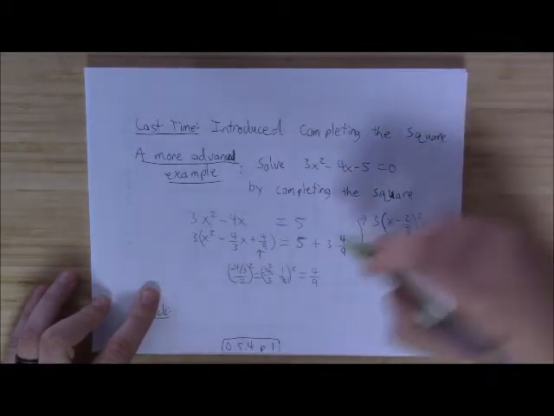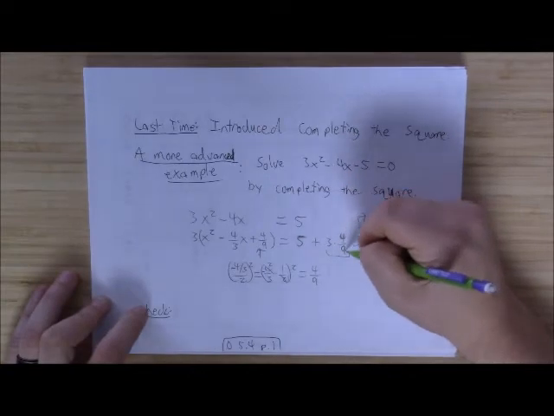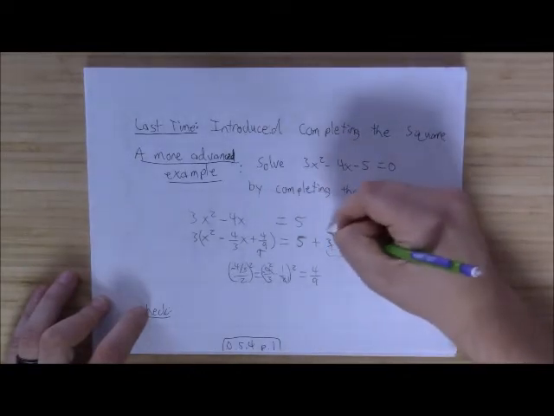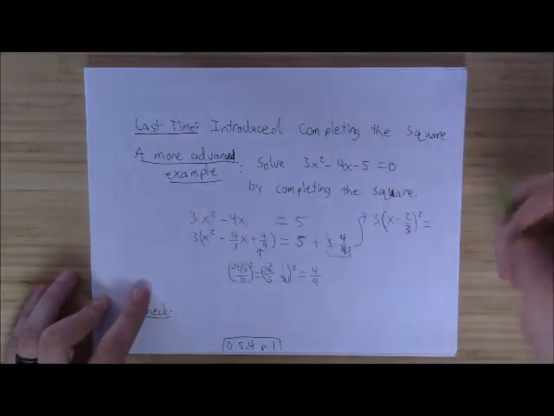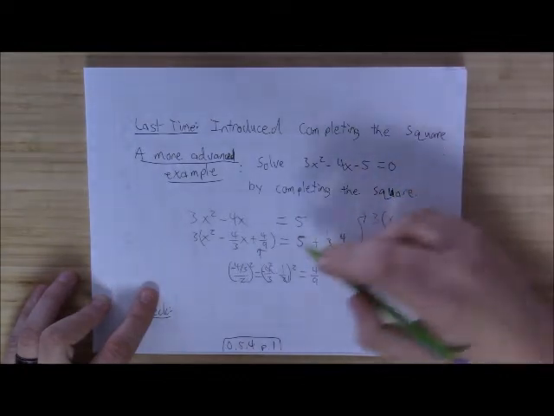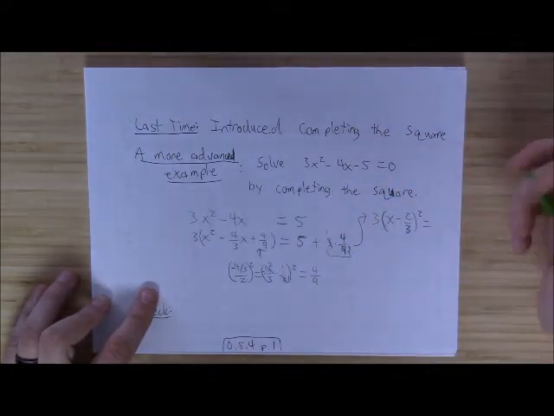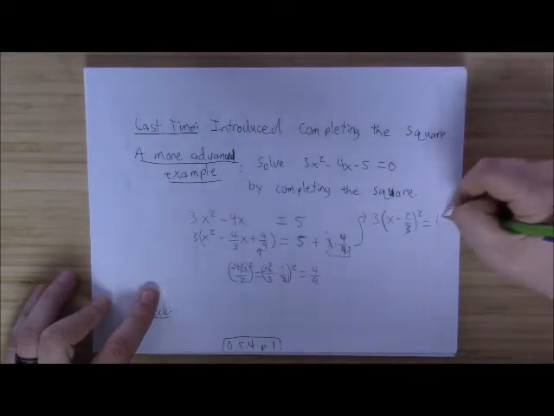equals 5 plus this right here, the 3 and 9, that'll become a 1, that'll become a 3, so we have 4/3. 5 plus 4/3 is, 5 times 3 is 15, so 15 plus 4 over 3 is 19 over 3.